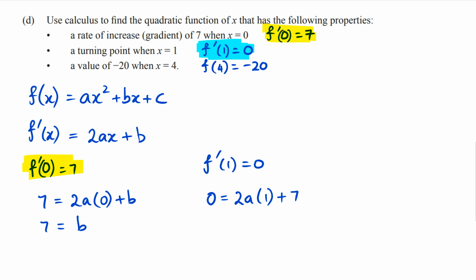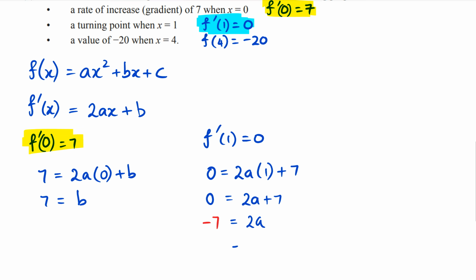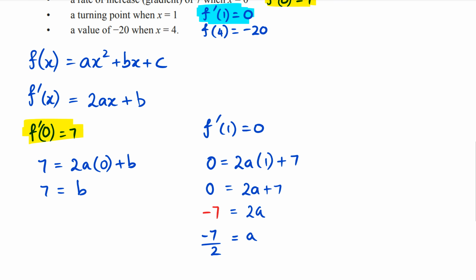We've just figured out that b is 7, so we can just leave it there. So 0 is equal to 2 times a plus 7, and then 2a is equal to minus 7. Finally, a is equal to negative 7 divided by 2, or negative 3.5.